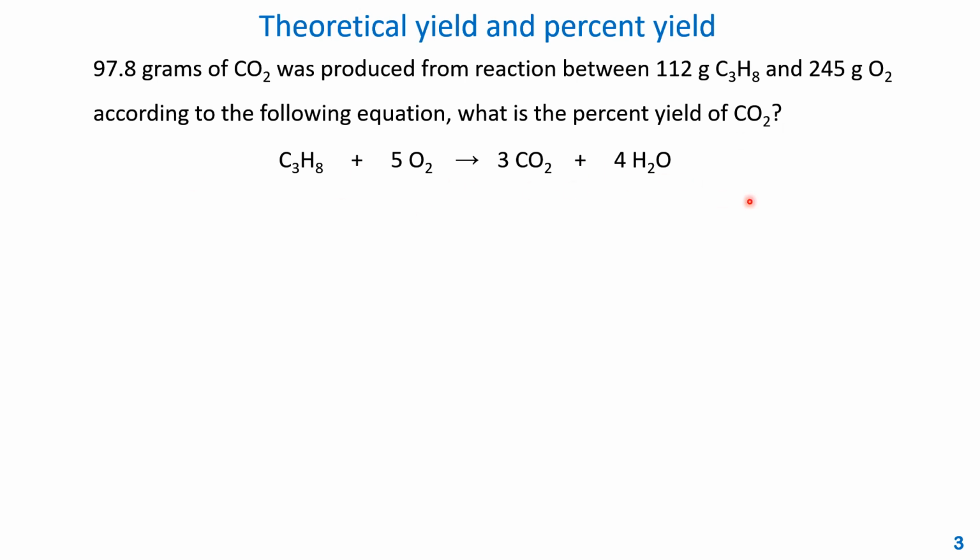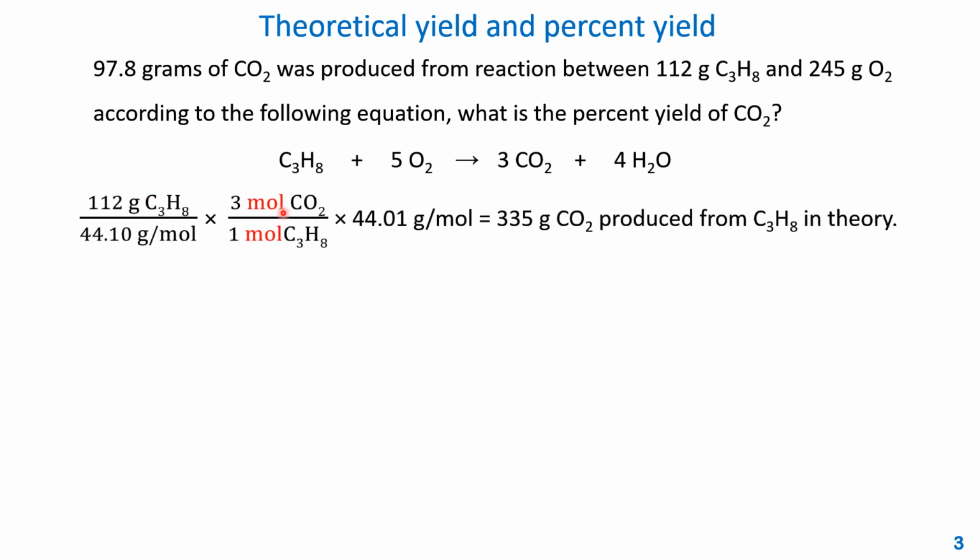This is a balanced equation, so we can use the mole ratio way. We can do 2 stoichiometry calculations. We can calculate how many grams of carbon dioxide can be produced from this propane in theory. 112 grams divided by 44.10, that is the molar mass of propane. You can calculate it based on the formula.